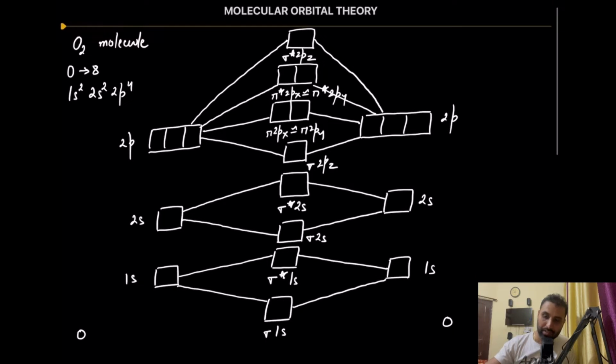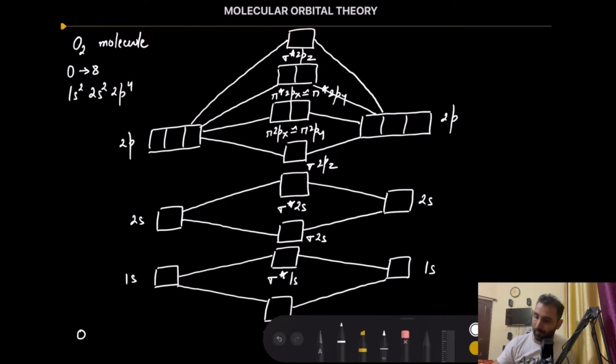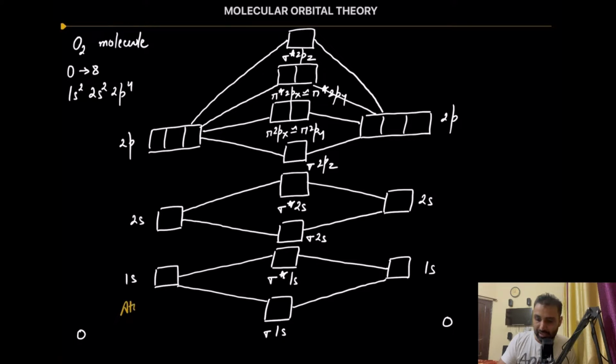Now on left and the right side we are having atomic orbitals. That's the atomic orbitals of first oxygen. That's the atomic orbitals of second oxygen.